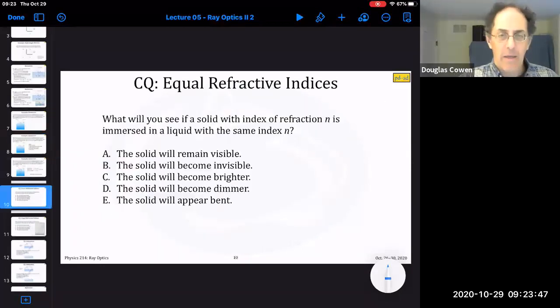Okay, so I'd like you to take a look at this concept question here. I'll set up a poll while you're looking at it. So what will you see if a solid with index of refraction n is immersed in a liquid with the same index n? So we're going to explore more about refraction and refractive indices now.